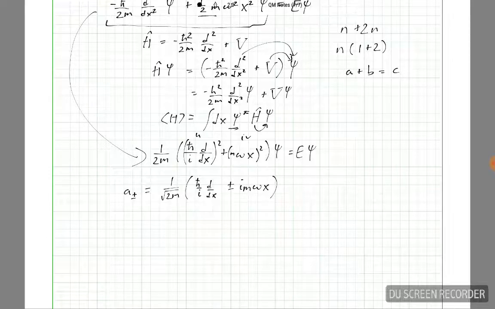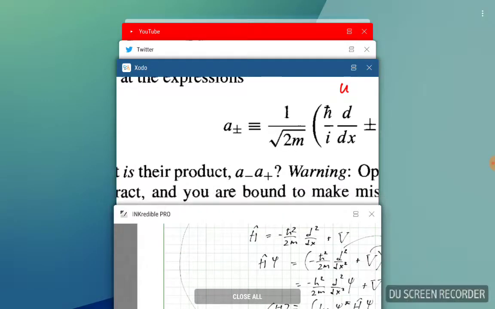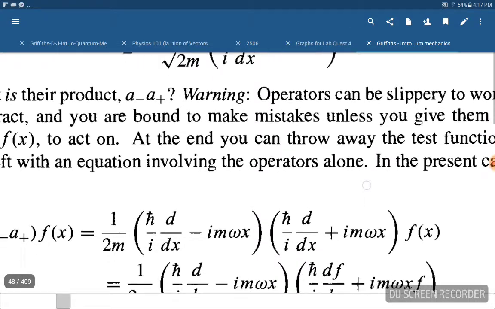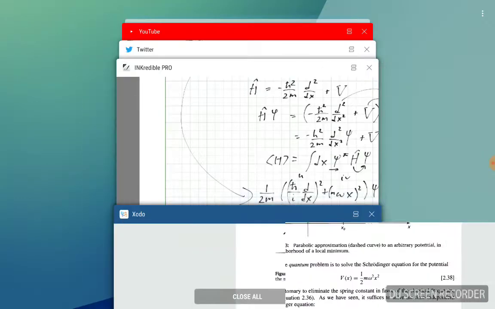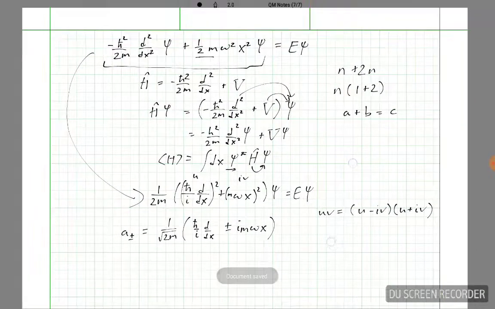So just going off of our general idea here, that if I had numbers, I would be able to do this with them, right? But I have operators. Oops, I don't have numbers.